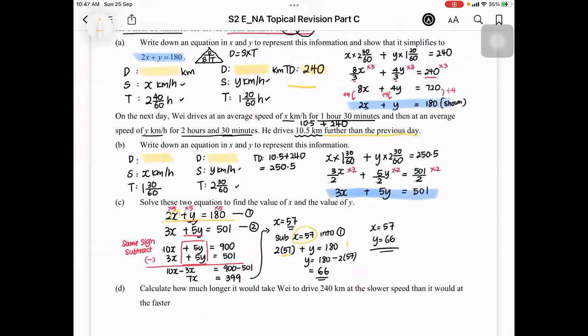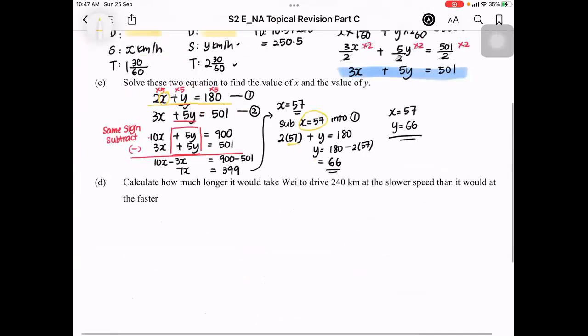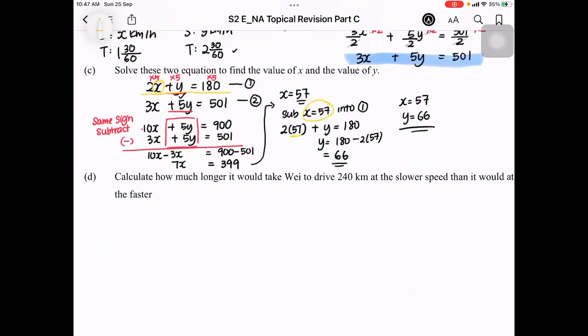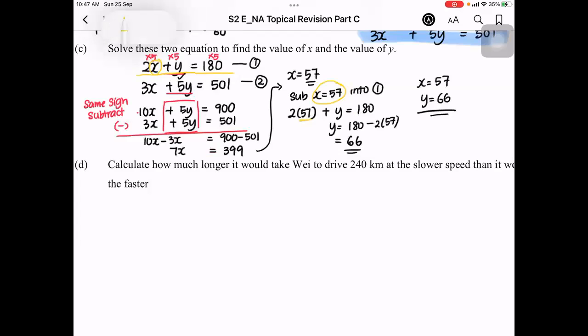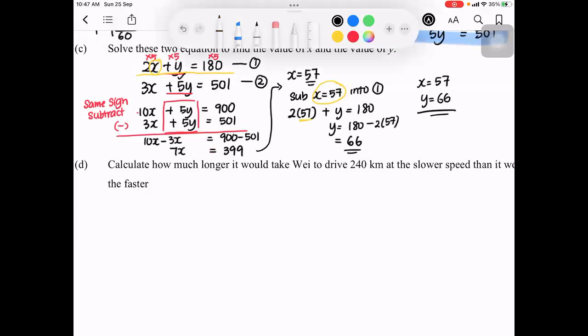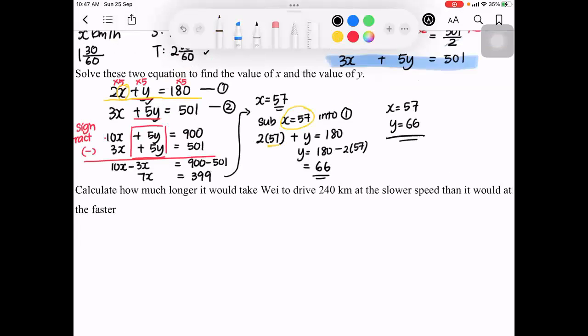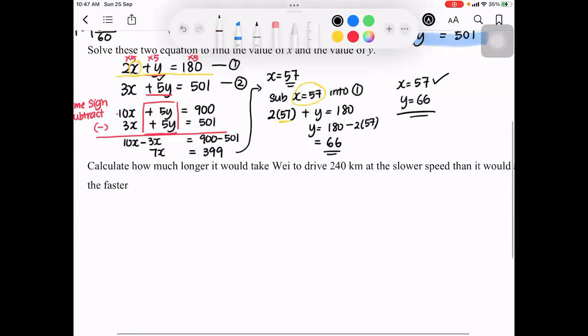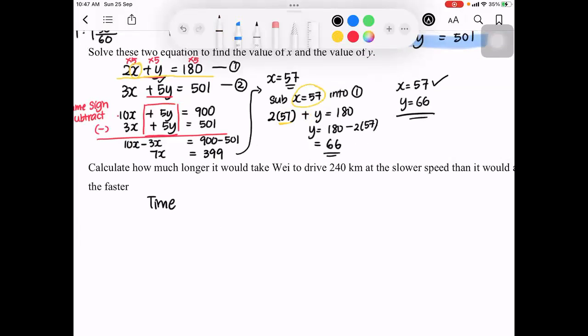Okay. Then calculate how much longer it is to drive 240 at a slower speed than it would at the faster speed. Which one is the slower speed? Oh, the slower speed is 57. So time taken, 240 over 57.